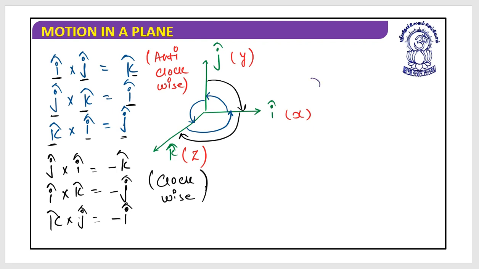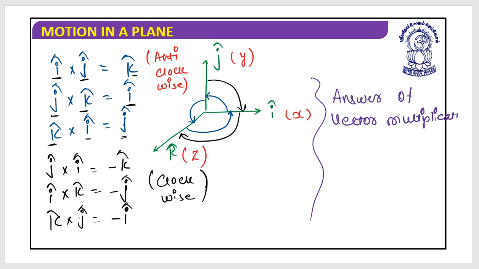So please remember that the answer of vector multiplication is always perpendicular to both of its vectors.